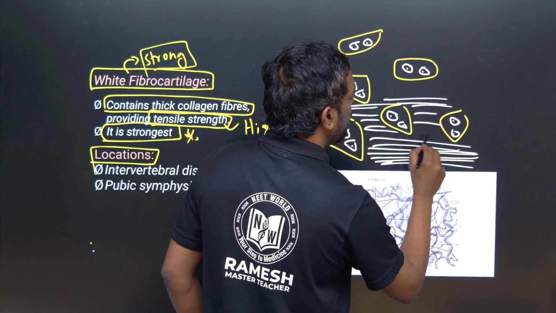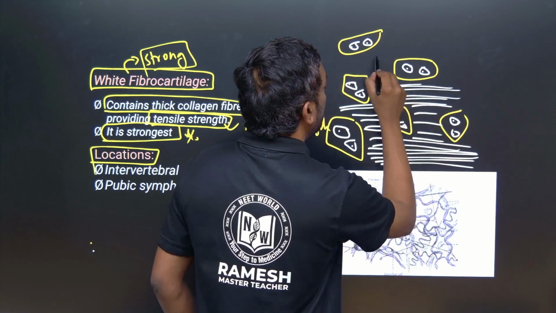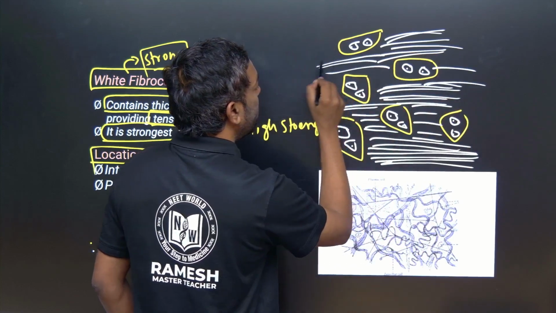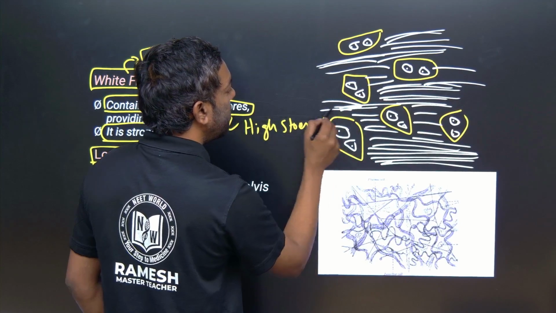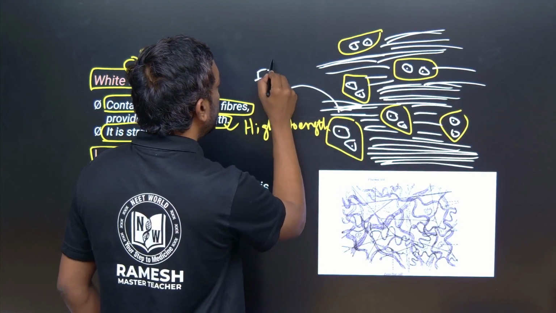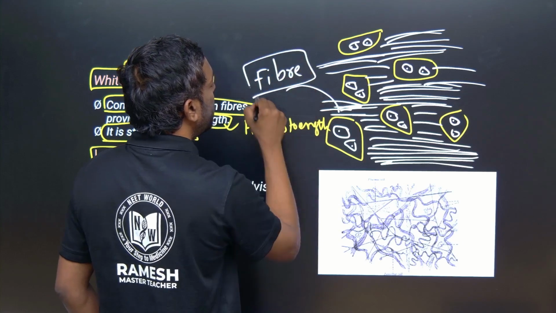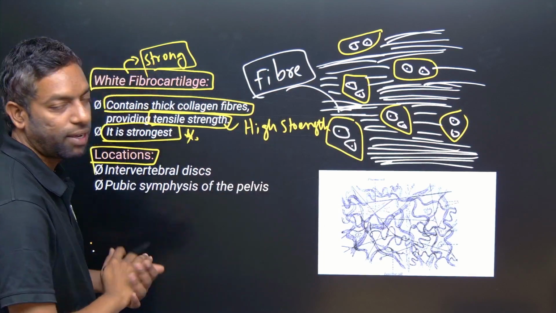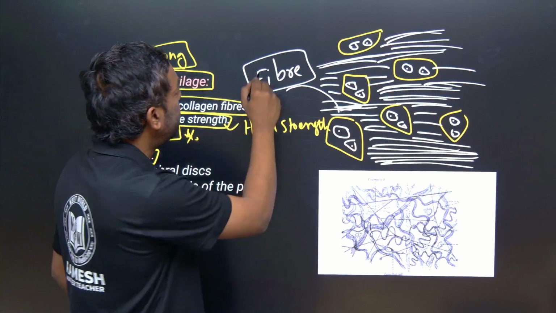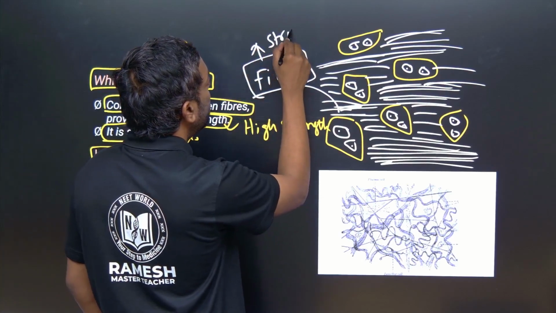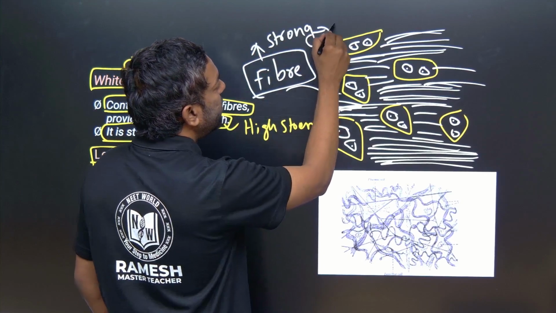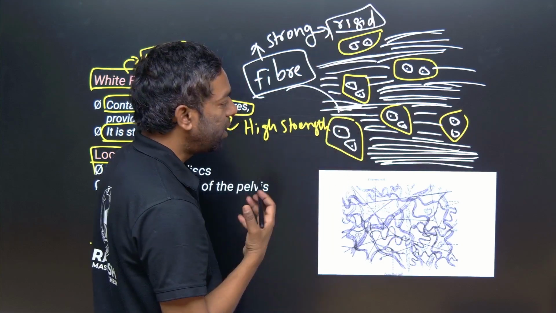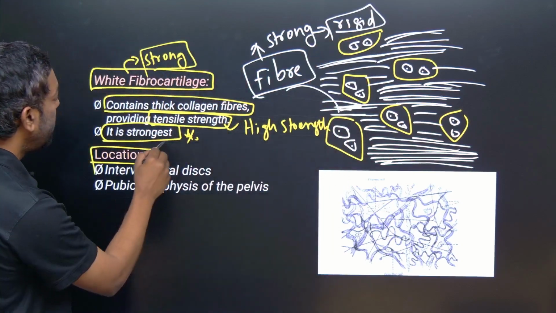The matrix, the space between the cells, is filled with this white fibrous material. This is the fiber. Full of fiber, that leads to high strength. This is the strongest. Highly rigid. There is nothing flexible, it is highly rigid. Okay, it is the strongest.